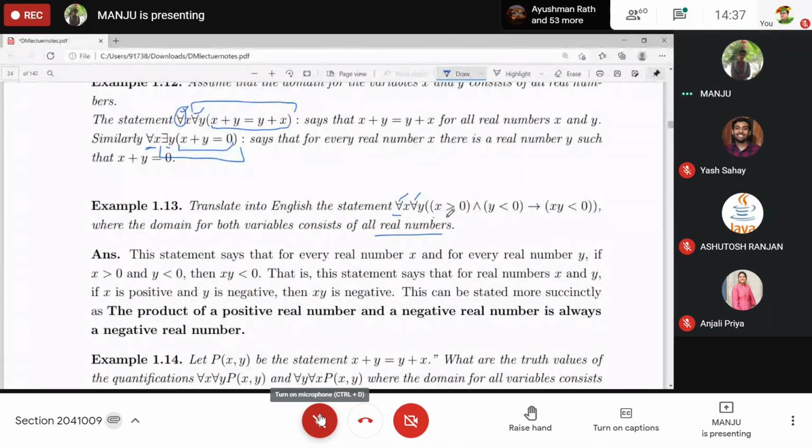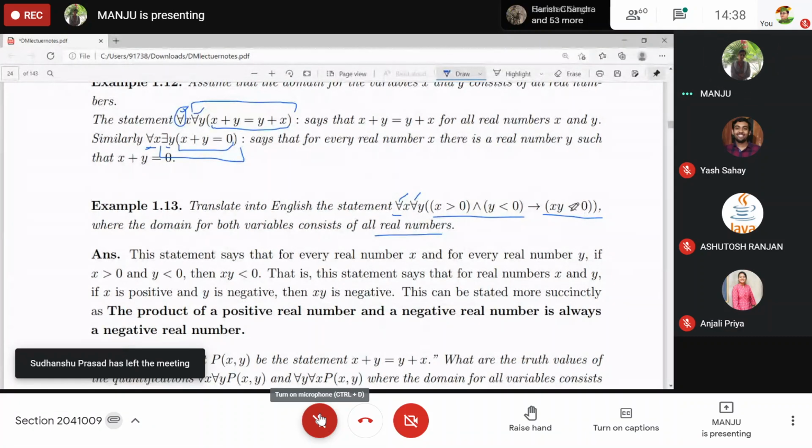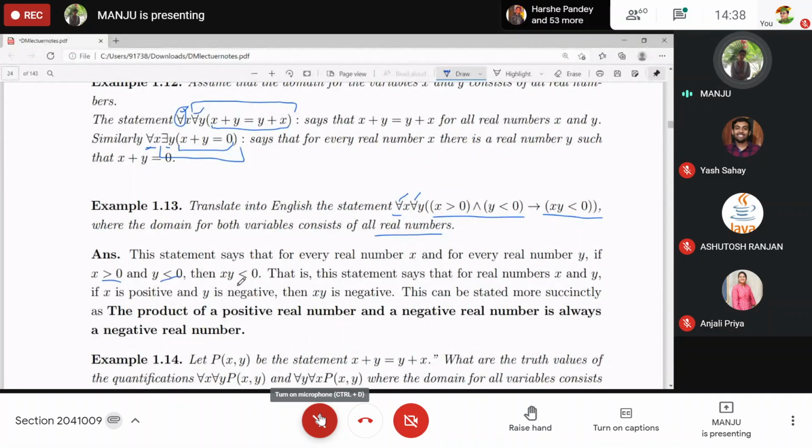If this part, then this part, right? So if x is positive and y is negative, then the product will be a negative real number. Okay? Or you can directly write this expression: if x is greater than 0 and y is less than 0, xy is less than 0.